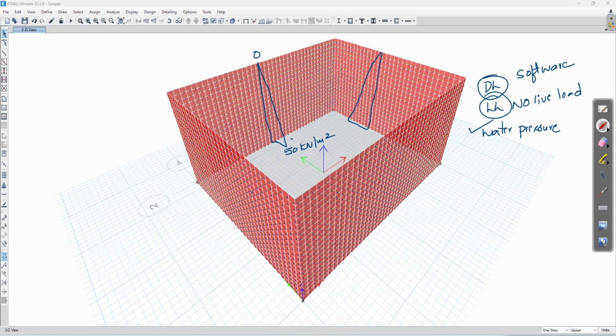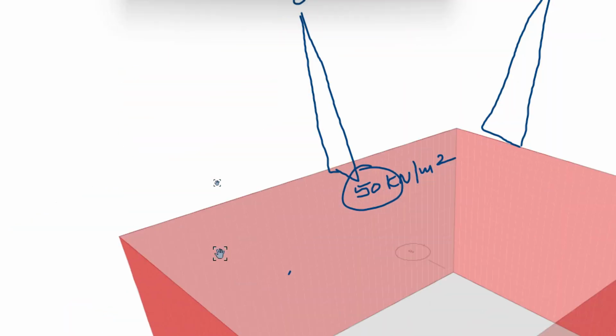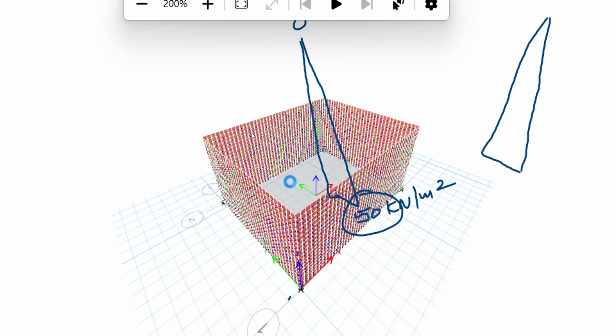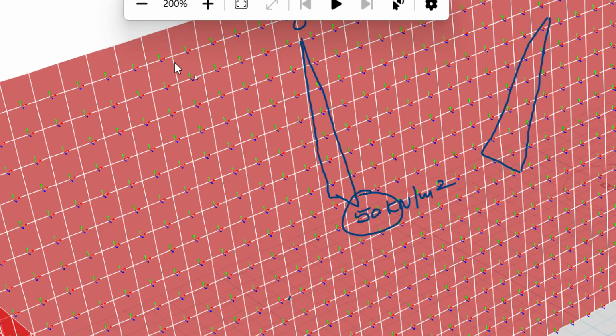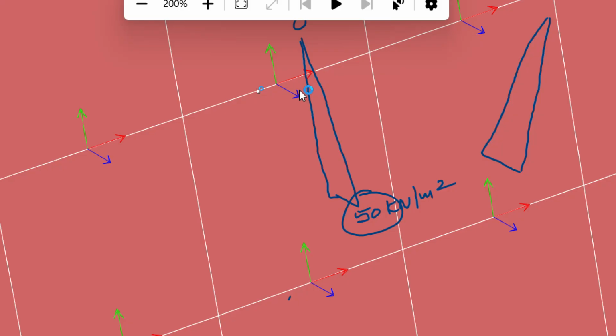Why at the time of calculation I have taken this as minus 50? Because if you see the local axis 3, see here, this local axis 3 is pointing inwards.